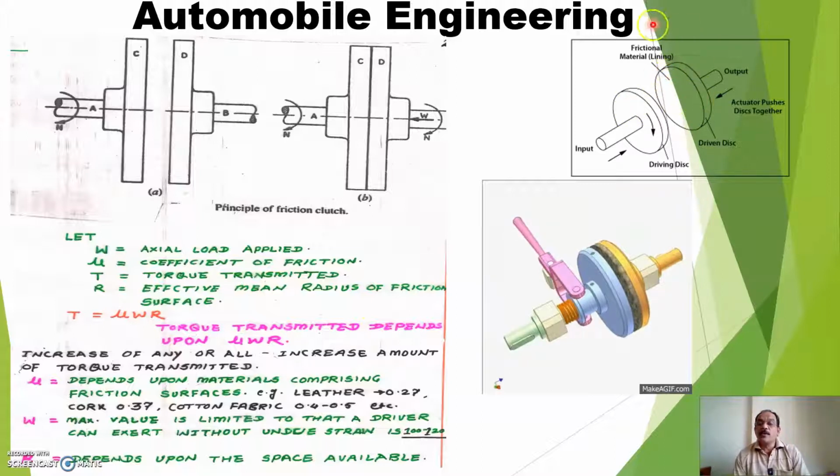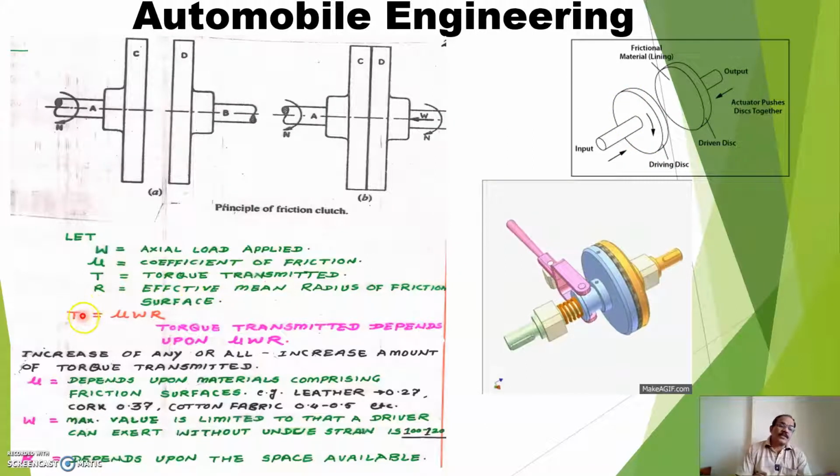The whole surface may not be in touch with the second component, so whatever the touching part is, that we consider as the effective mean friction radius. So how is the torque transmitted? Torque is equal to mu W R, where mu is the coefficient of friction and W is the axial load applied.